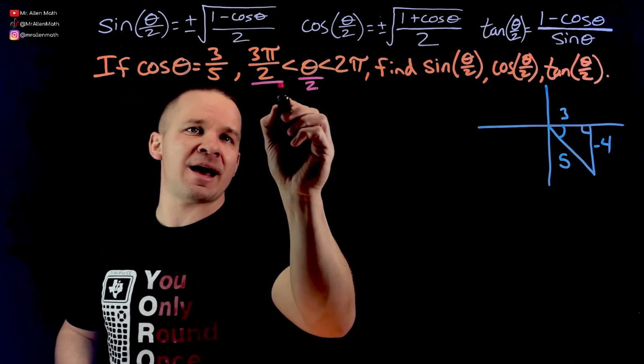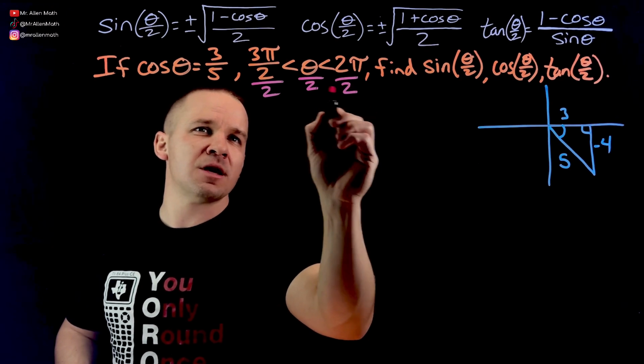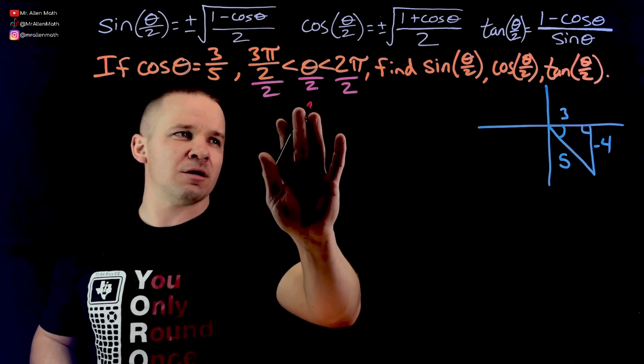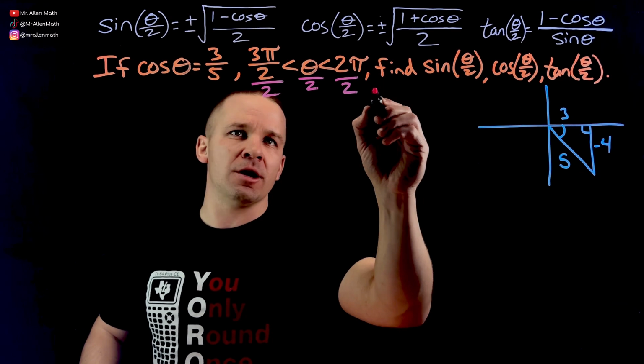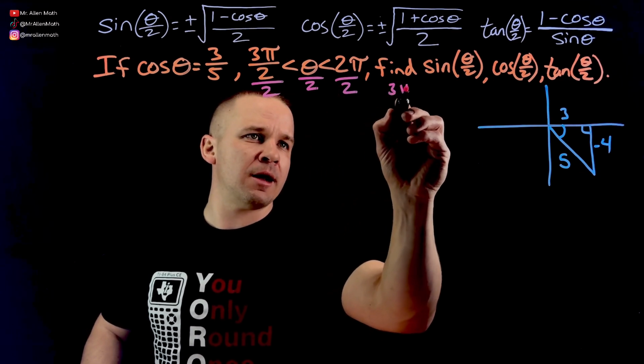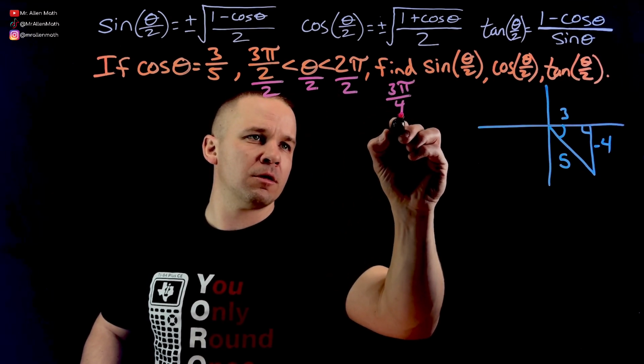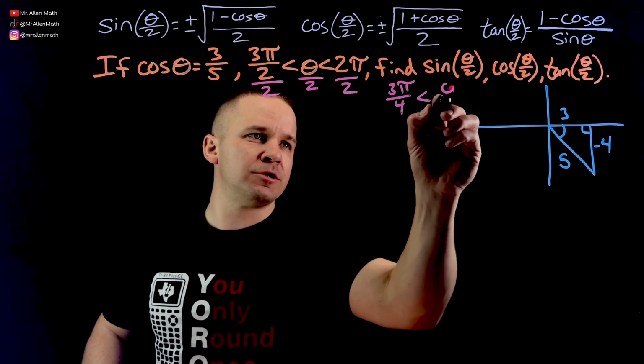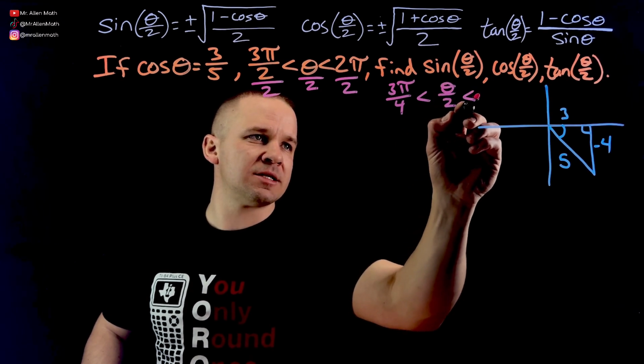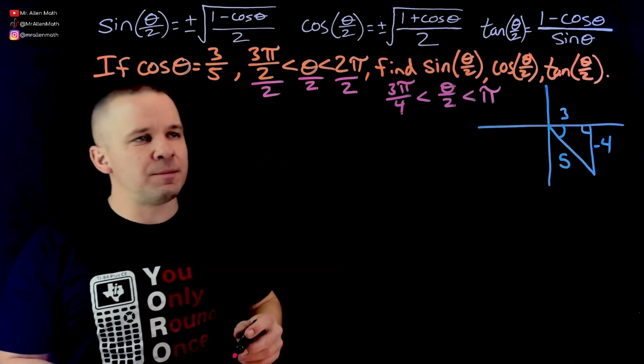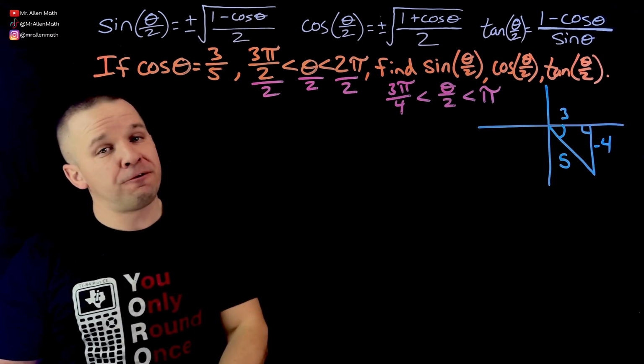But whatever I do to that, I have to do to everything else. So my new restriction becomes 3 pi over 4 is less than theta over 2 is less than pi. So I'm between 3/4 pi and a full pi.